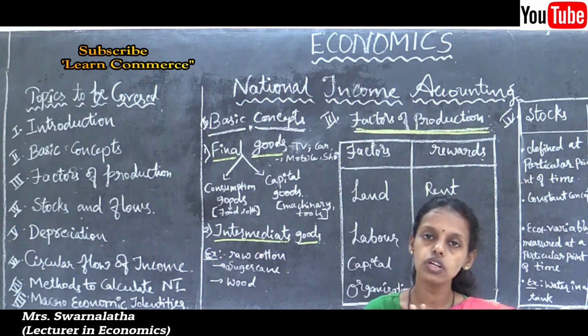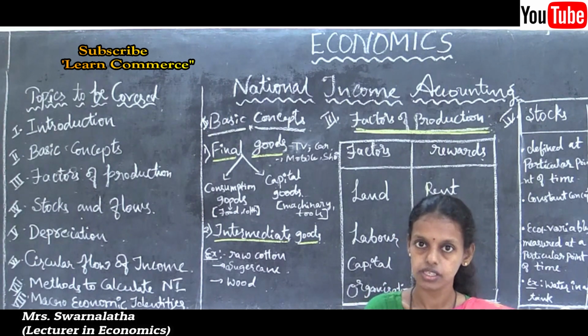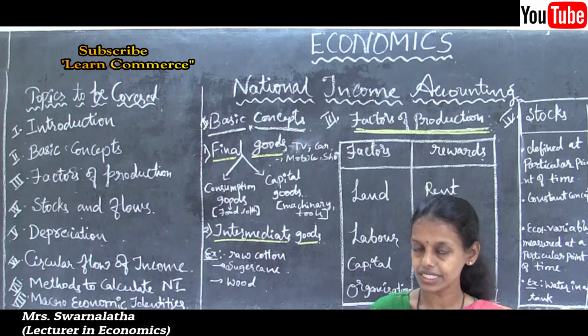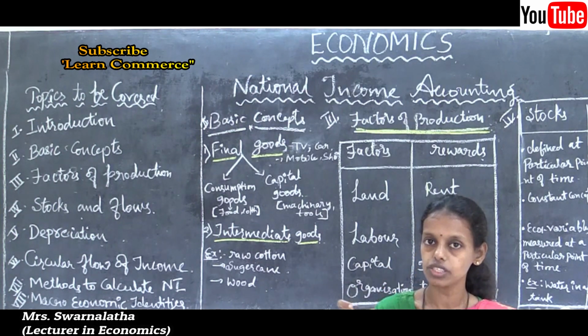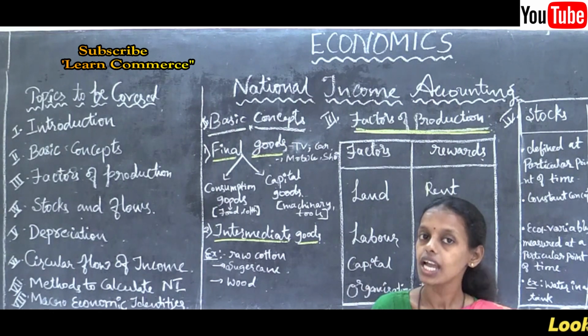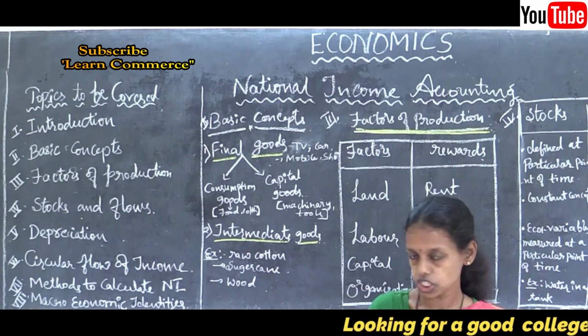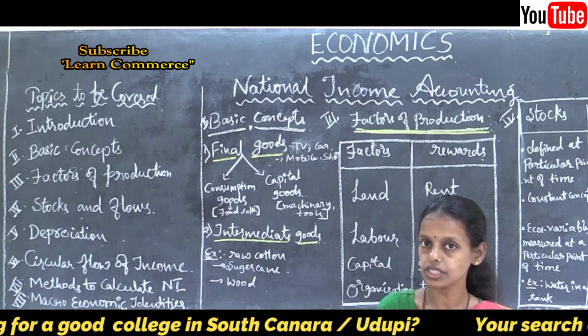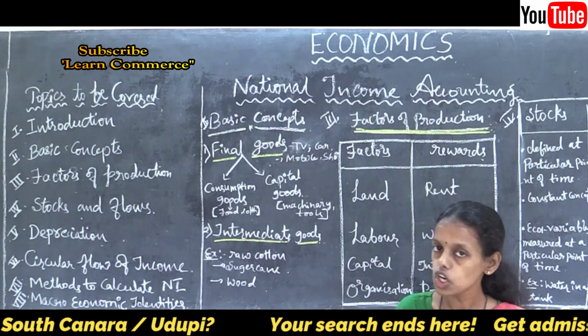That is not a final good. After the process of cooking, when it becomes drinkable tea, that is the final product. With the tea powder, sugar and milk together, you prepare the tea, and at last it becomes a consumption good. So what are these tea leaves and tea powder? They are all intermediate goods.